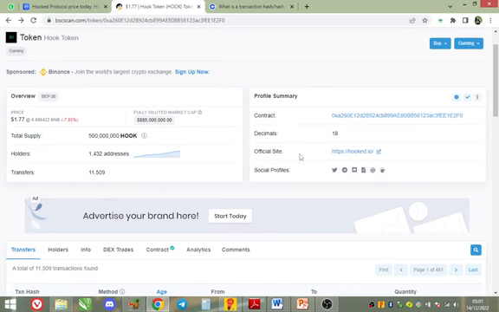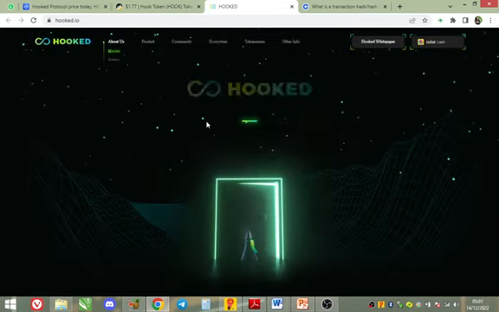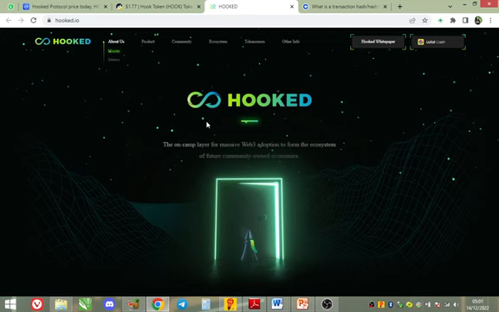This is just the official site, the company or the token official site. This is where almost all the database on the token is. From here you can get interaction with the whole token.